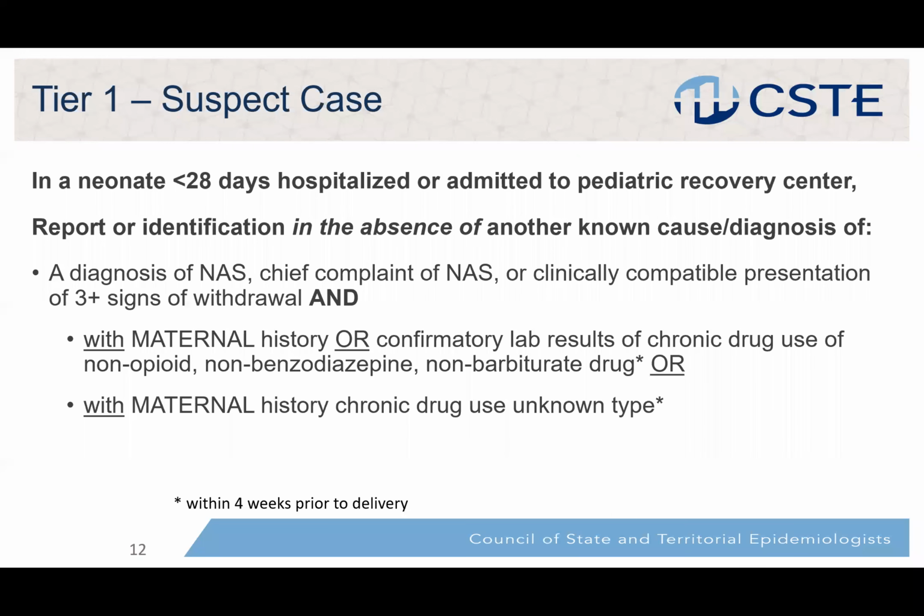Here for the suspect case, we're relying on that there may have been exposure to an opioid, benzodiazepine, or barbiturate, but we don't have true evidence of that. We don't have a maternal history or a confirmatory lab result of an opioid, benzodiazepine, or barbiturate use, but we have a non-drug in those classes. But we are asking that there's some sort of history or lab. And the next slide.